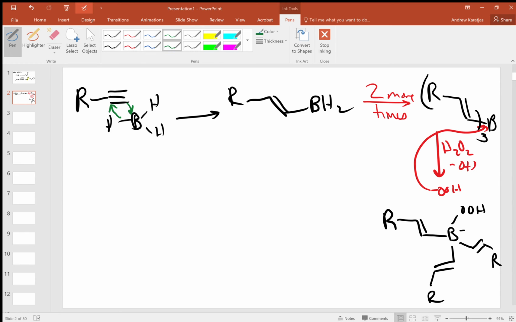And then in this intermediate, one of the R groups will shift over, grab onto the oxygen, and kick out hydroxide.